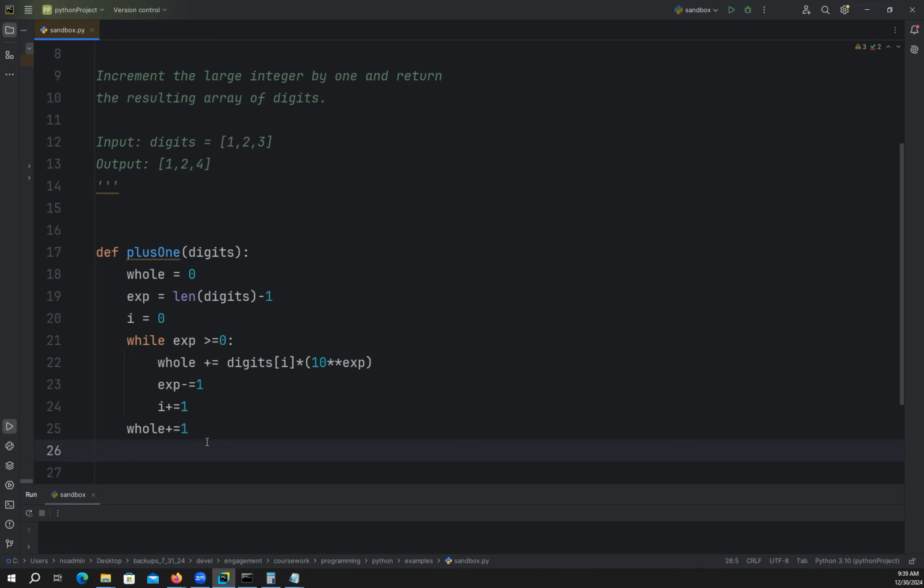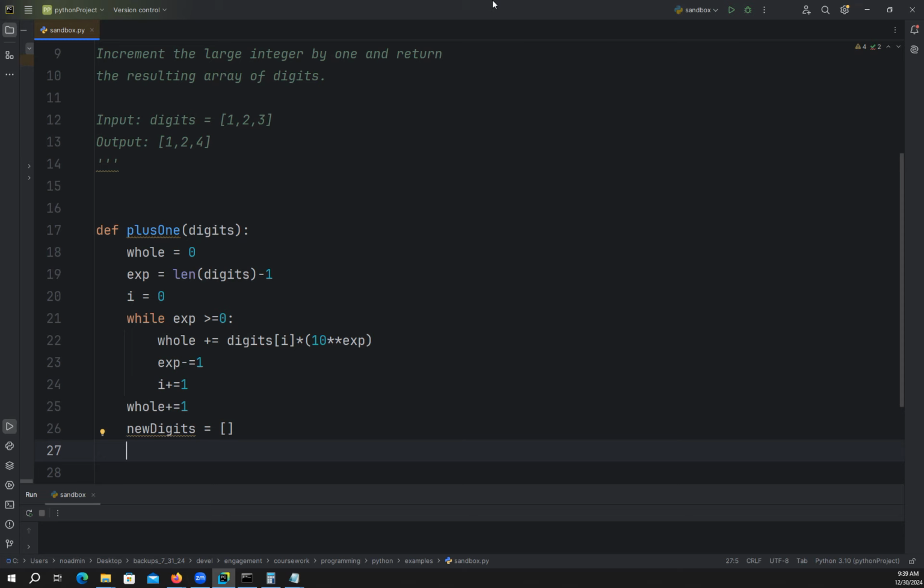It's a fairly simple process. I'm going to create a list to hold my splitting, and I'll do the algorithm for taking a multi-digit number and splitting it into its digits.